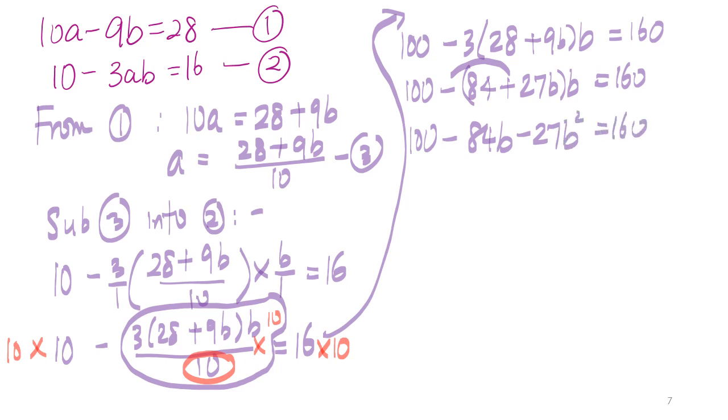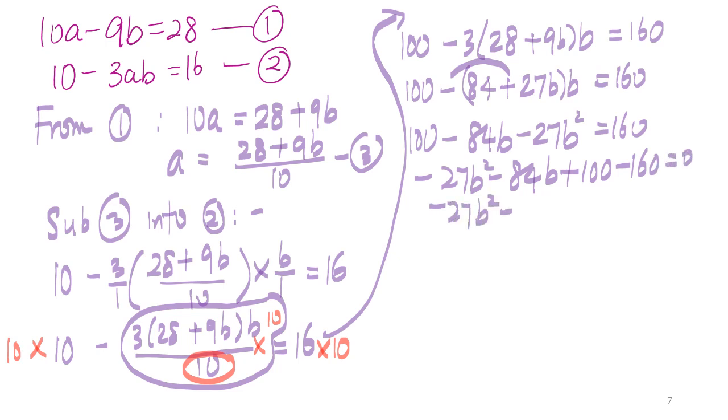So you see that we end up getting a quadratic equation. I'm going to make the coefficient of b squared positive, so I'm going to multiply by negative throughout. So you will get 27b squared plus 84b plus 60 equals 0. And for this you can use a calculator to help you get the answer.